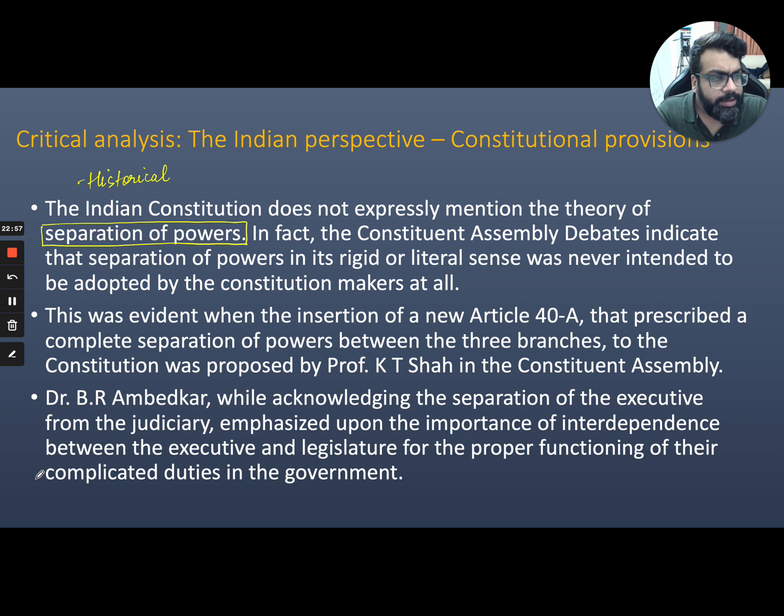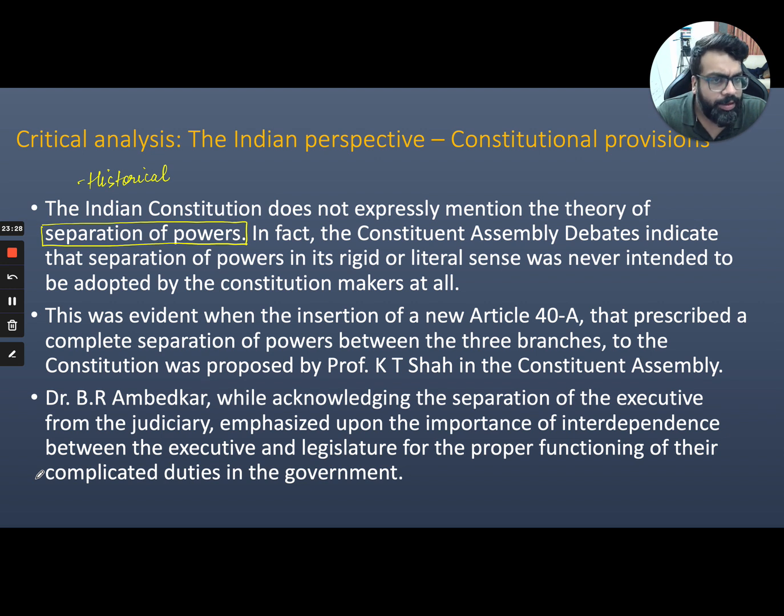Now, in fact, when we look at it from a Constituent Assembly debate history point of view, the Constituent Assembly debates did get into this. The members of the Constituent Assembly vehemently and rather rigorously debated the concept and the context of separation of powers, and of course got into the details of whether the Constitution should categorically mention separation of powers or not.